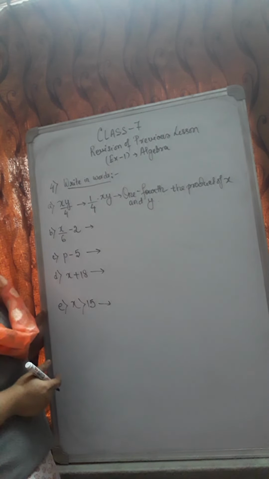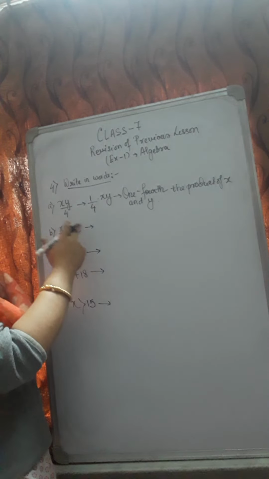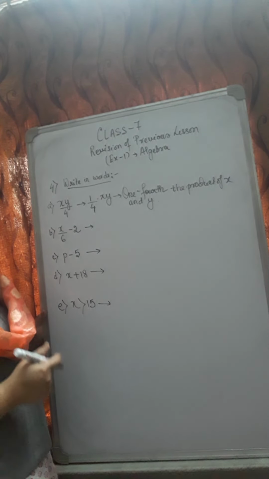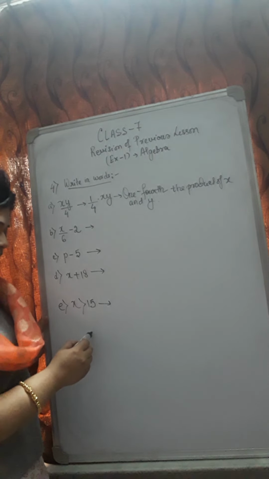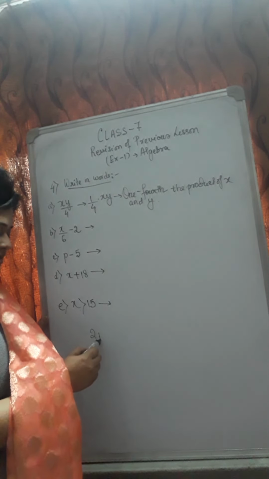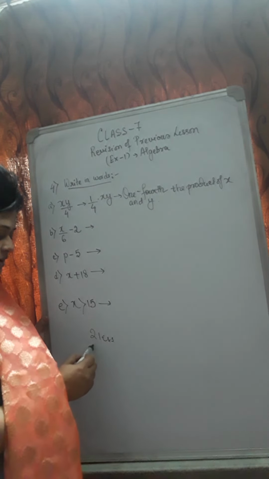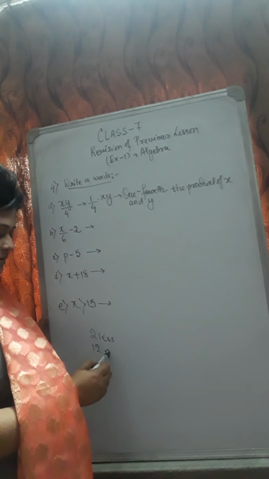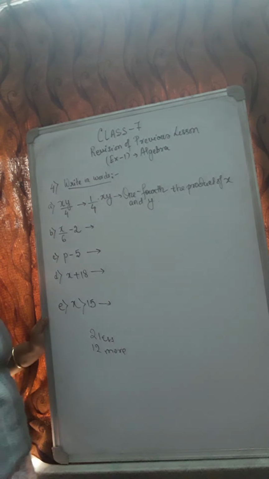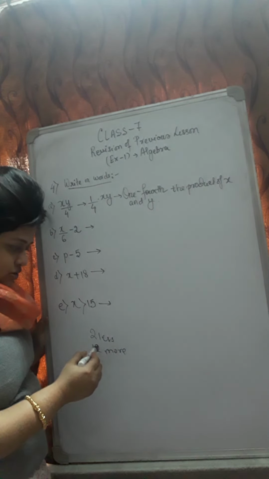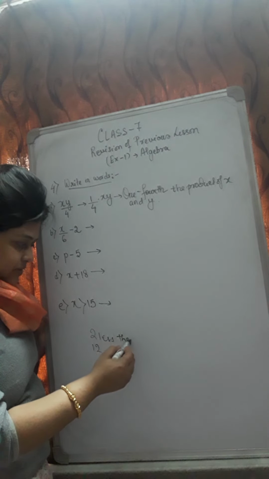B, x by 6 minus 2. Okay, now one more thing. Suppose I write in words, I will write 2 less than B, or 12 more than Q. So whatever has to be subtracted, we write it first in the case of words.